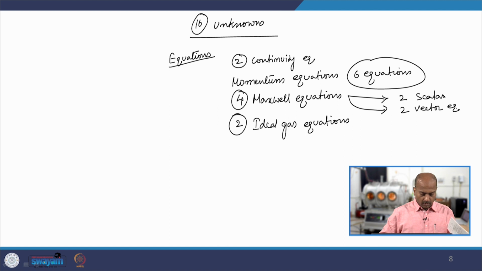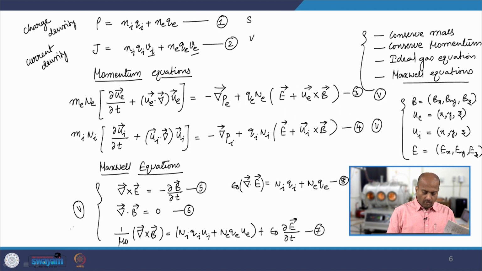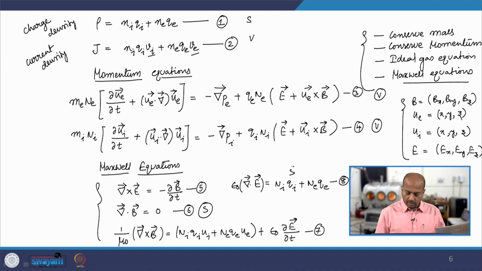So all of these are not vector equations. In the Maxwell equations, there are two equations which have divergence; they are scalar equations. The other two are vector equations.